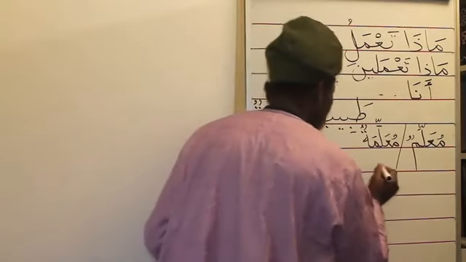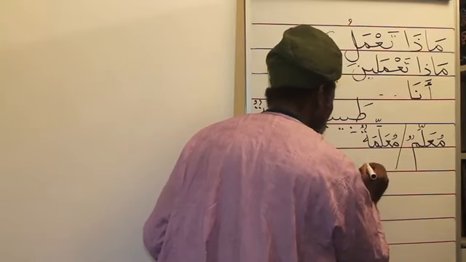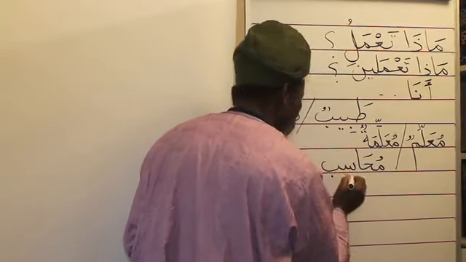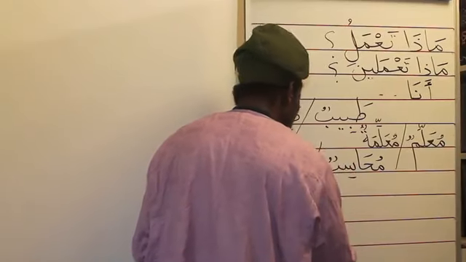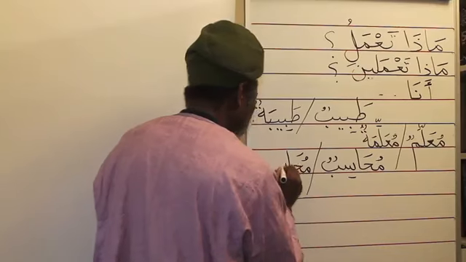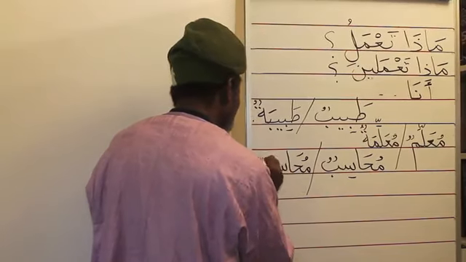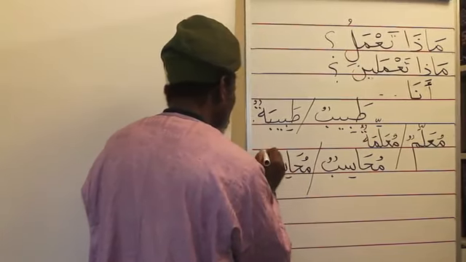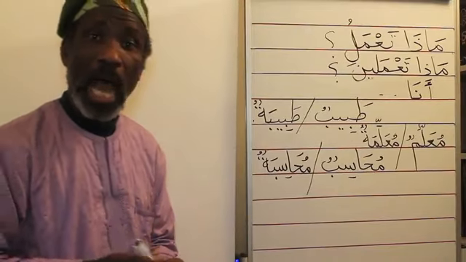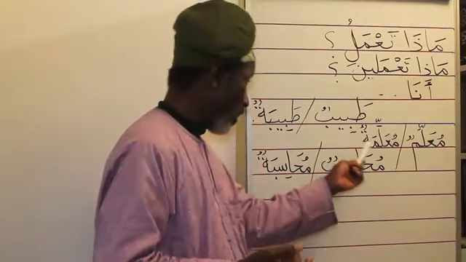أنا معلم. Or أنا محاسب. I'm an accountant, male. So we put محاسب here. For female, محاسبة. أنا محاسبة. Or I'm a teacher, معلم معلمة.